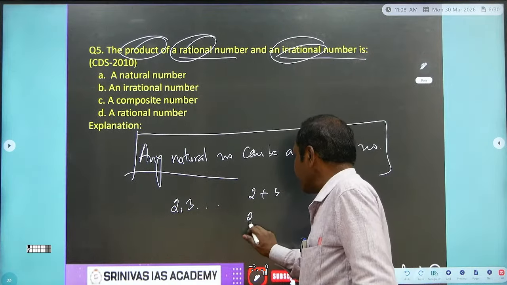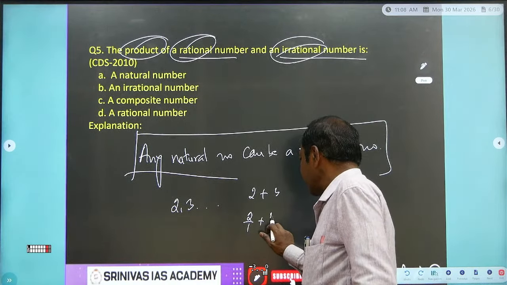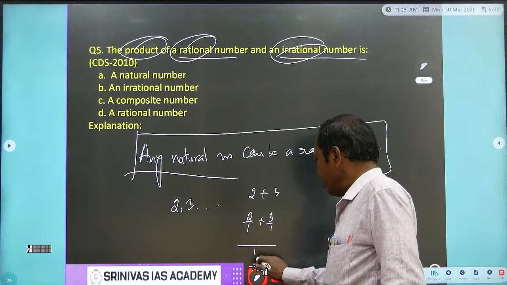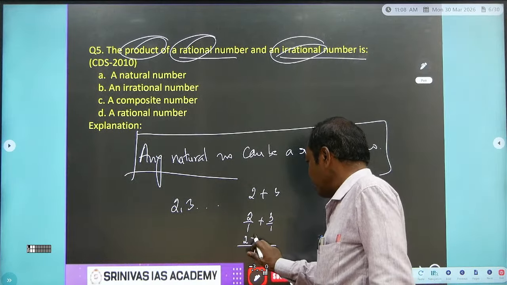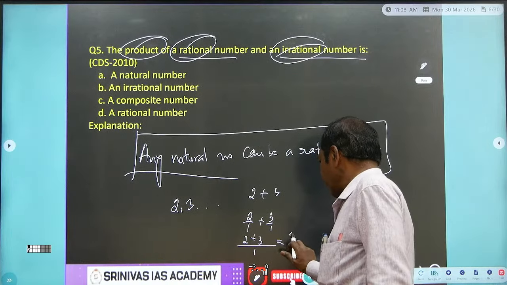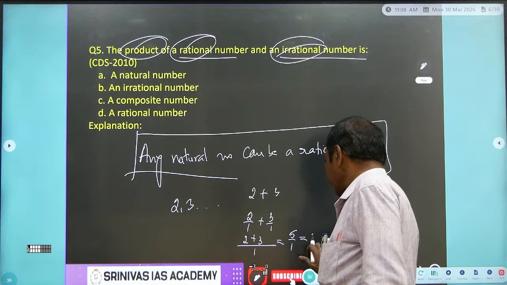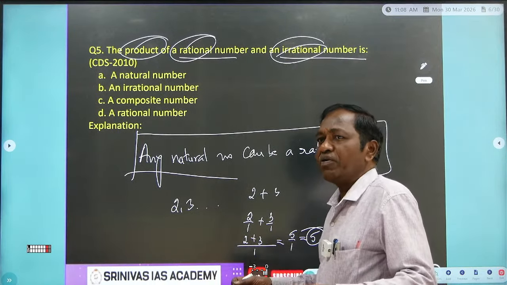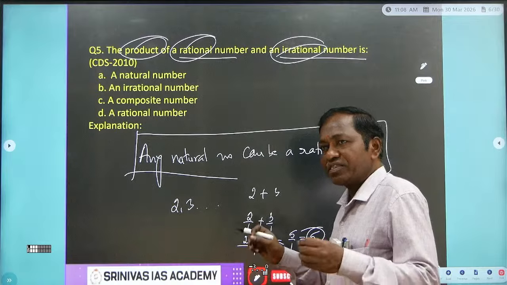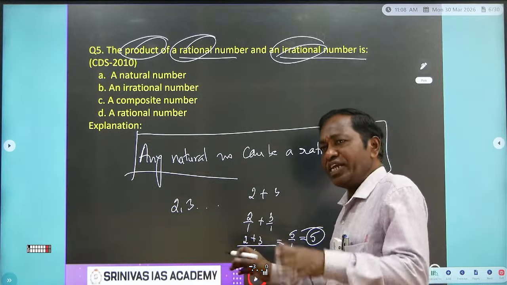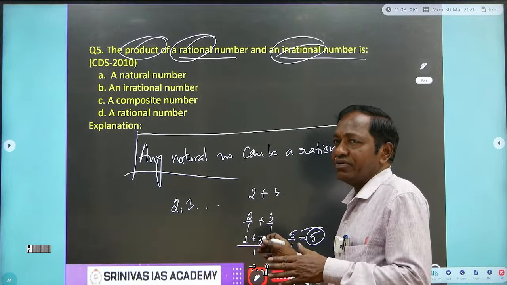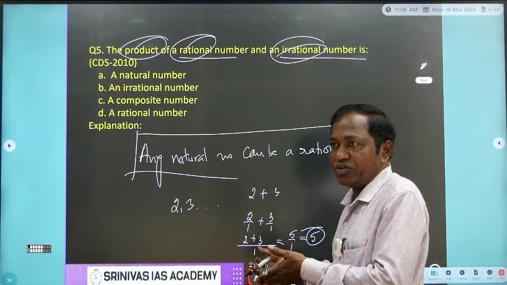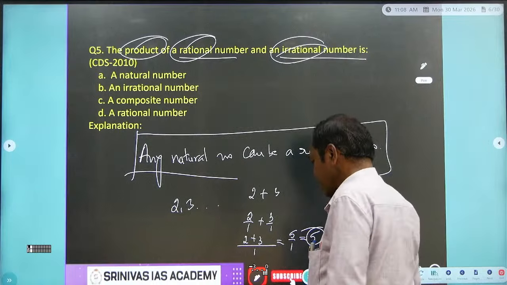Take 2 by 1 plus 3 by 1. Again take the LCM. LCM is 1 only. 1 into 2, 1 into 3, that is 5 by 1. It is 5. So that's a rational number. A rational number is nothing but a fraction. So any natural number can be converted like that. Any whole number also can. 0 also can be written like that.